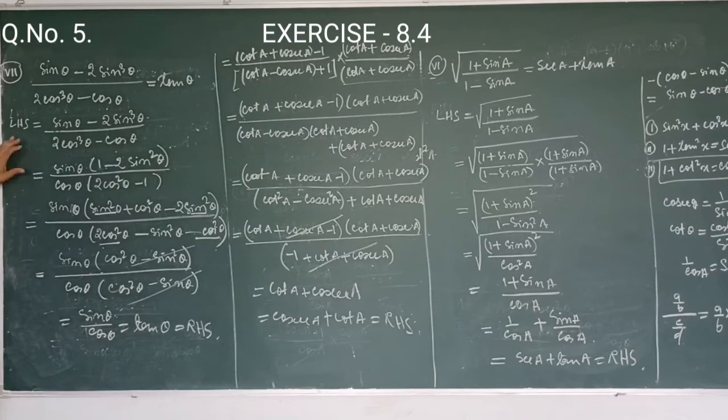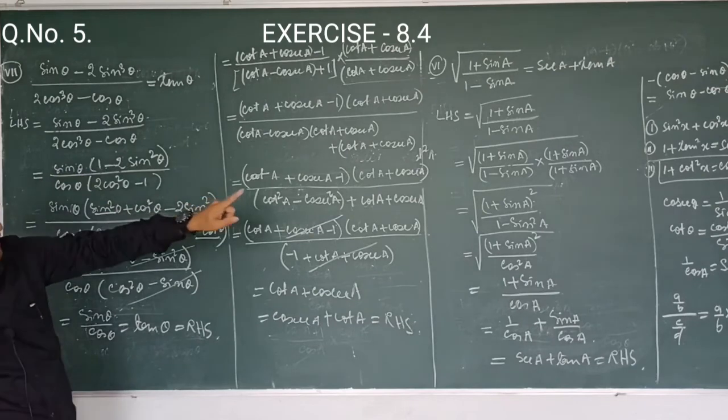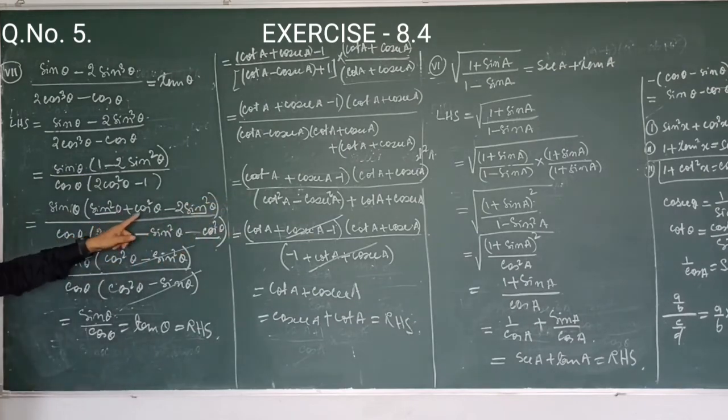So once again I explain it. I take the left hand side and take sin theta common from the numerator and cos theta common from the denominator. After taking common, you will get 1 minus 2 sin square theta over 2 cos square theta minus 1. Then in the place of 1, I write sin square theta plus cos square theta, the formula we already know is equal to 1.